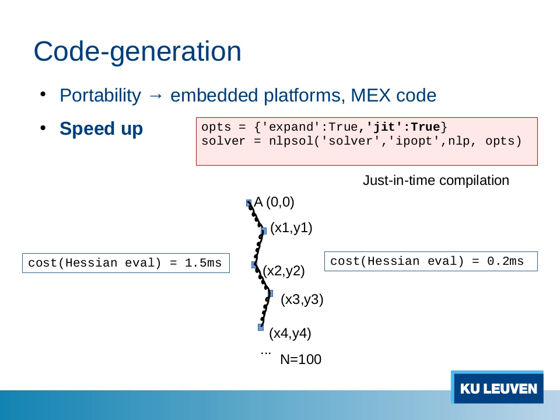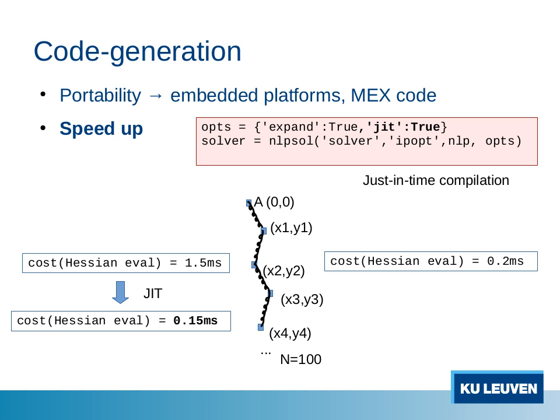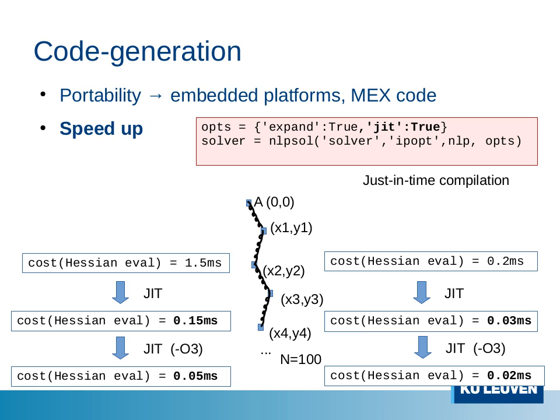Remember the example from before with 100 springs. We had a cost of 1.5 milliseconds for the MX graph, for the Hessian. If we JIT it, the time gets shorter. For SX also it gets shorter. And you can also supply optimization flags.